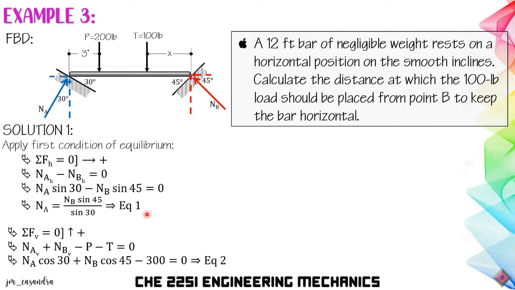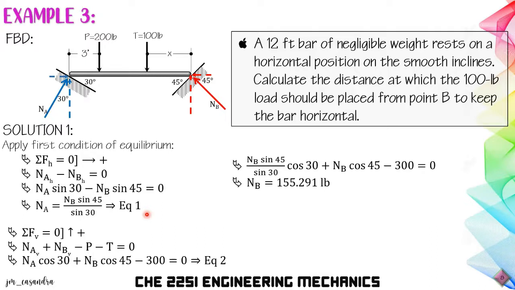So this becomes our second equation. So two unknowns, two equations. We substitute equation 1 to equation 2. Thus, it will give us a value of NB equal to 155.291 pounds. So to solve for the value of X, we take the moment at point A since we do not know the value of NA.